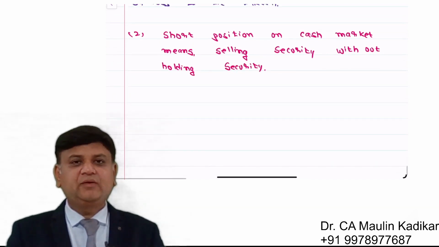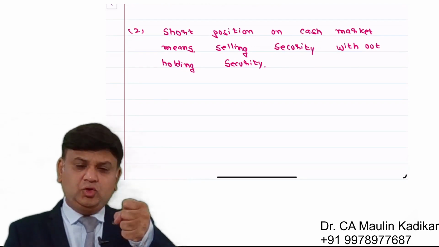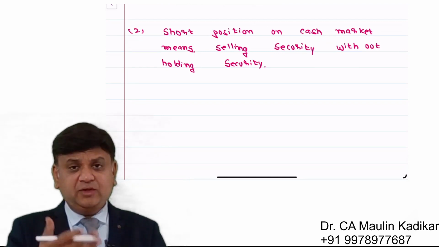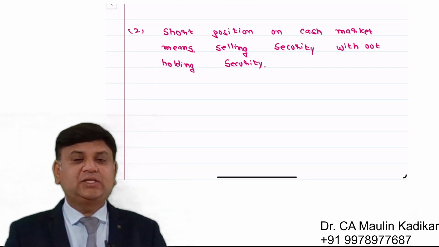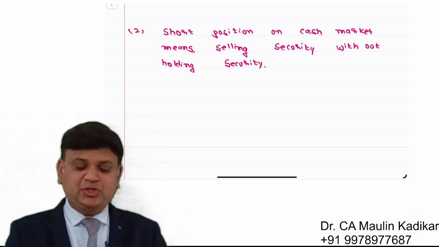So basically over here, at 11 o'clock when you are selling the security, you don't hold the security even though you are entering into the transaction for sale. That is what is technically given a name as short position.